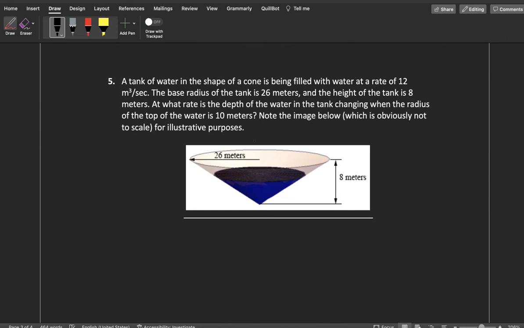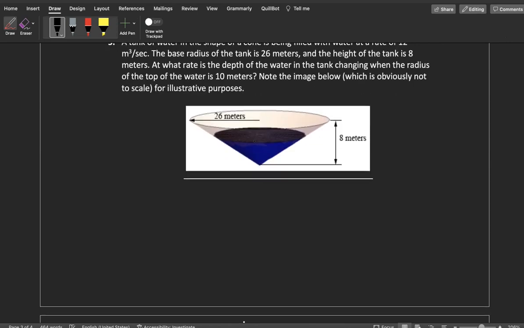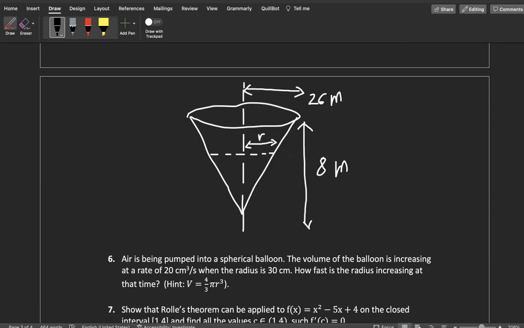So we can also determine that, let's say at this height, when the water is in the tank, at this height, we can just represent this height by the letter H.